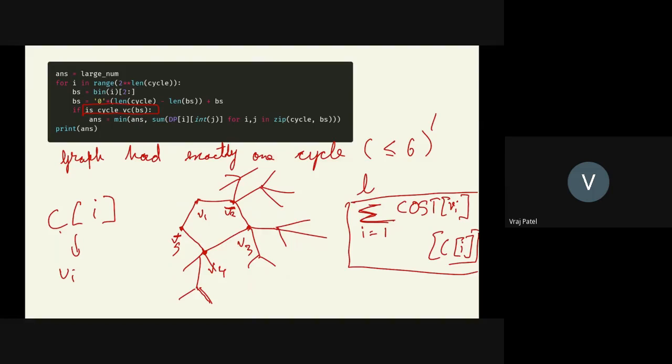The restriction for the size of the cycle is because according to my solution it would be something of order 2 raised to power l multiplied by n, if the size of the cycle is l. Based on the constraint it would be something like 2 raised to power 6 into n, which is 64. So it's a little big, this constant.